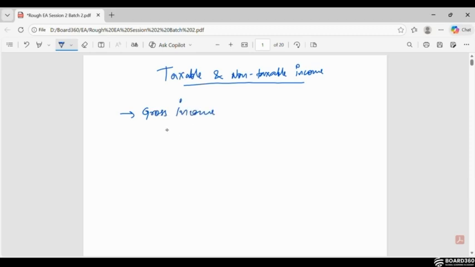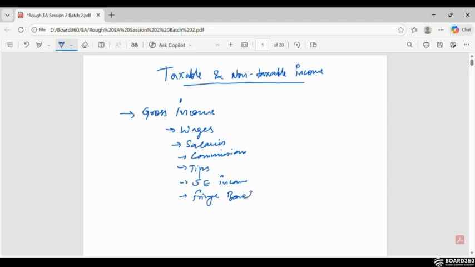Now, gross income includes all types of income an individual can earn, like wages, salaries, commissions, tips, self-employed income, then fringe benefits from the employers, then interest, dividends, capital gains, and so on.